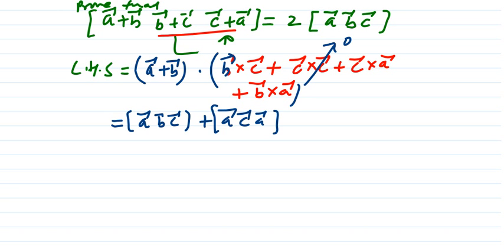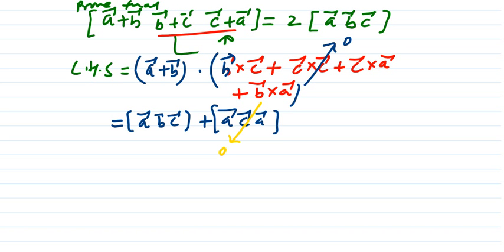So the scalar triple product of three vectors will be 0 if two are same, because if these two are same, their components will be same, and in the determinant of this the two rows will be same, so the value of the determinant will be 0. So this is the explanation why it is 0.